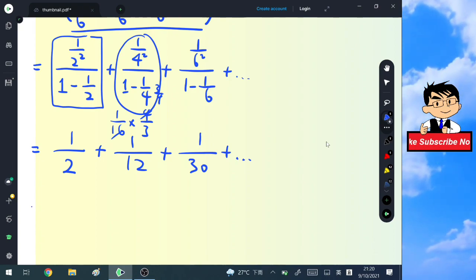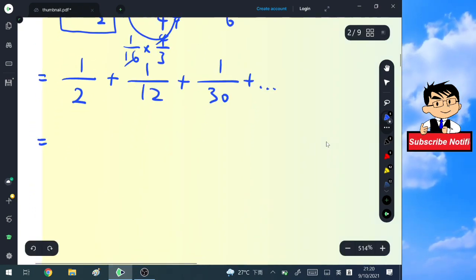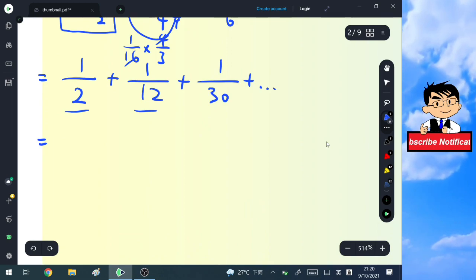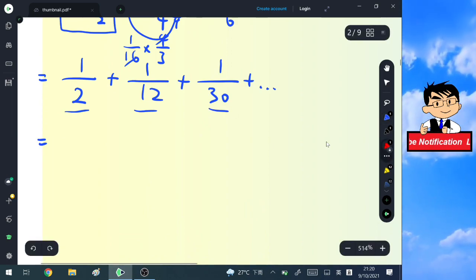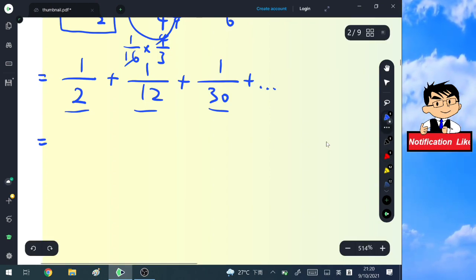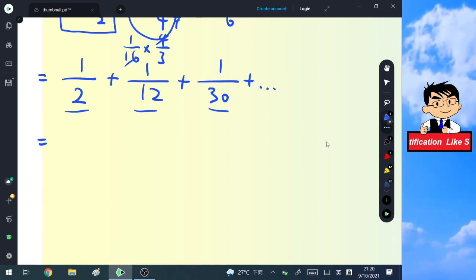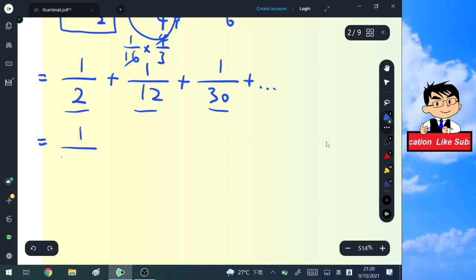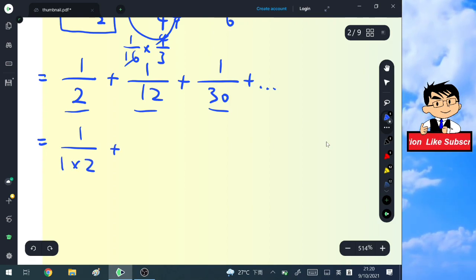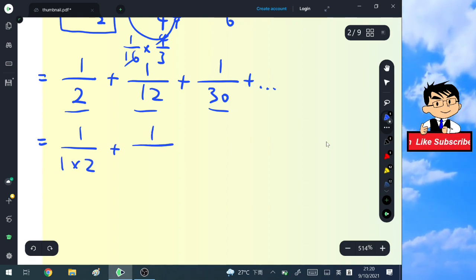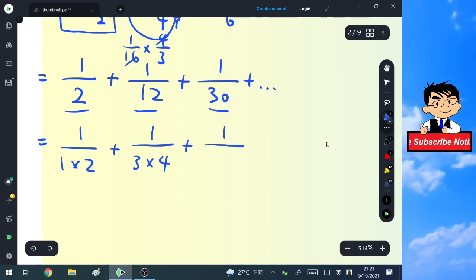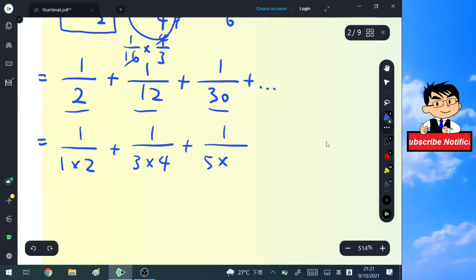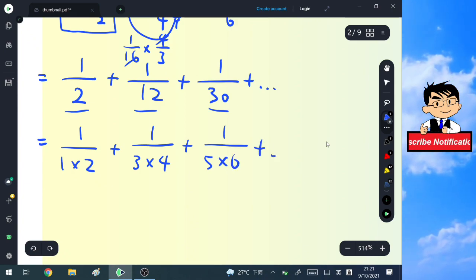And we notice that each denominator is a product of consecutive integers. For the first term, we have 1 over 1 times 2, plus for the second term, 1 over 3 times 4, and for the third term, 1 over 5 times 6, and so on and so forth.